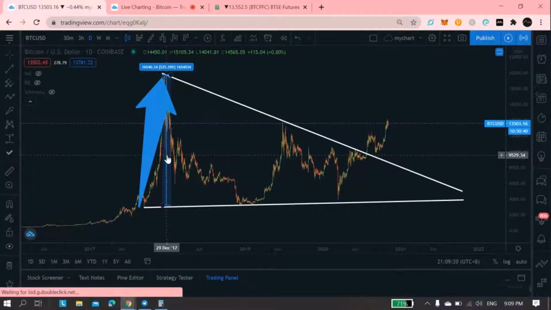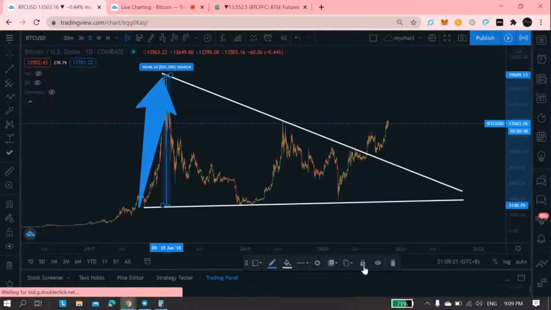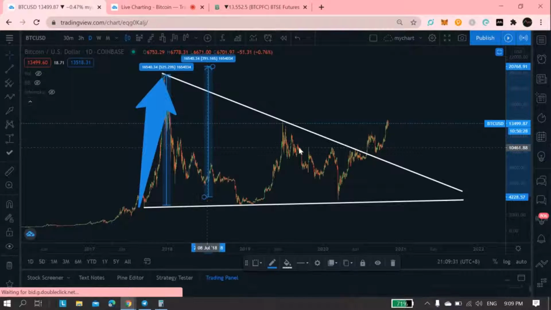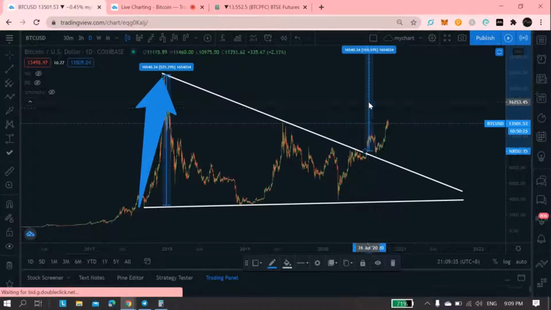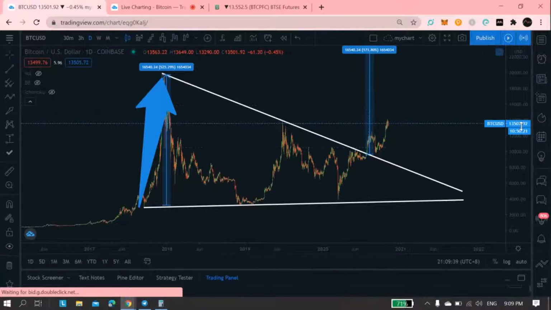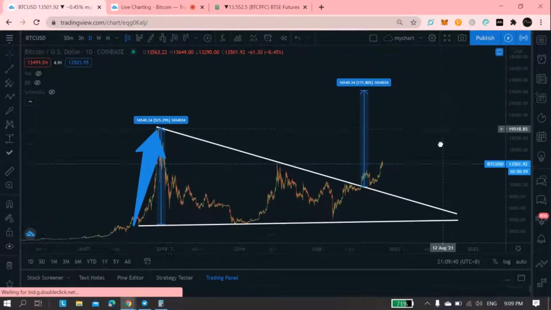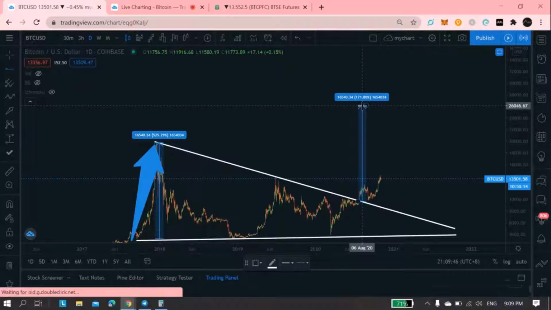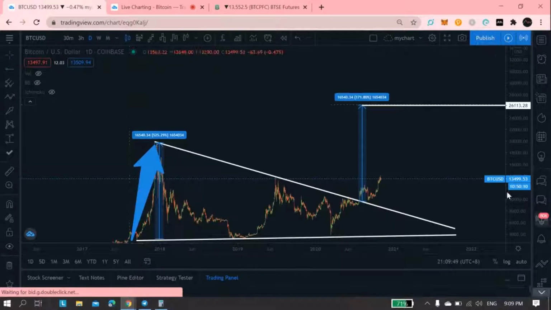So we will just copy this one, Control V, and then we will put that after the breakout, and that will be our target. That is around the 26,100 area.